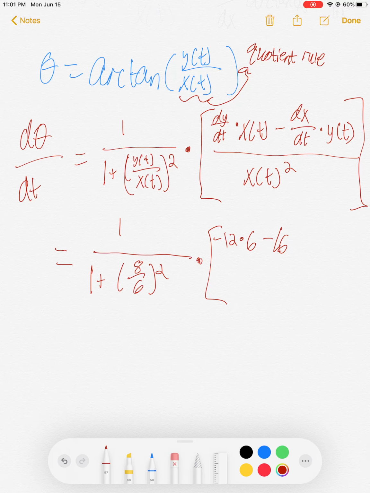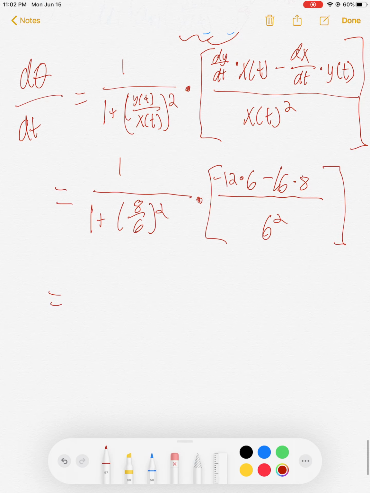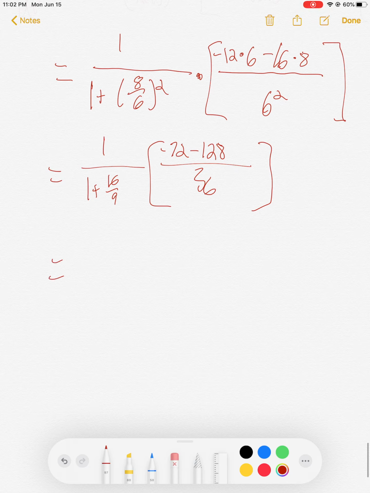Times, okay, dy dt, I believe we said that was negative 12. Yep. Pardon my very quick scrolling. All that I'm doing is going back and referencing our earlier values. So negative 12 times 6, x of t, minus dx dt we said was 16. That was given to us, in fact. And then y of t is 8, so 16 times 8, over x of t squared, so it looks like that is 6 squared.